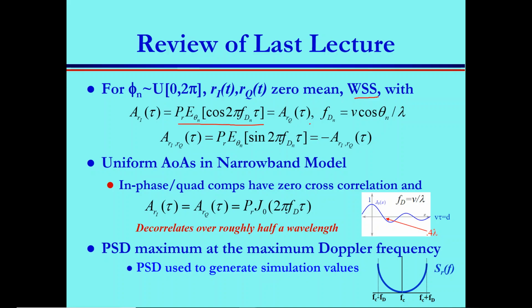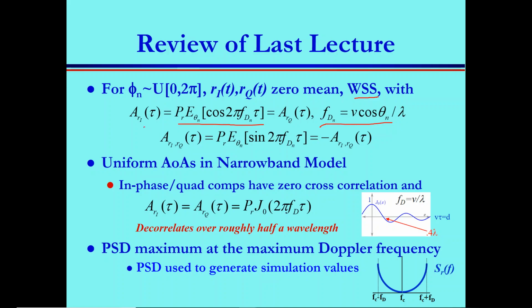We found the autocorrelation related to the in-phase, and we found out that it's exactly equal to that of the quadrature component, and then we also showed how the Doppler frequency is equal to the velocity over lambda, and for any theta you put cosine theta in.